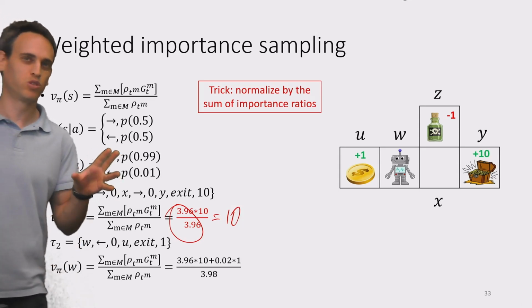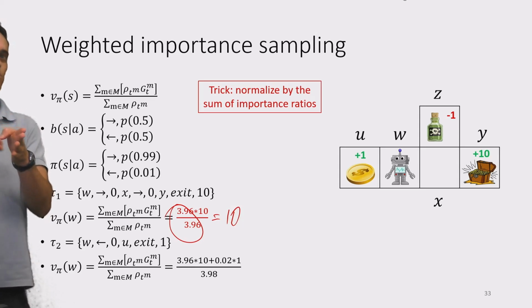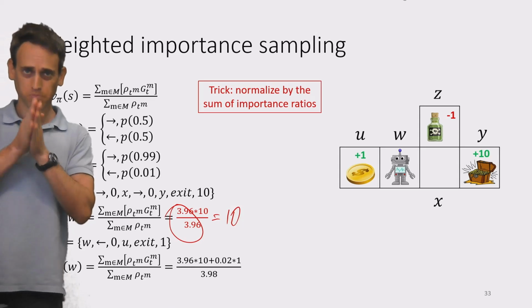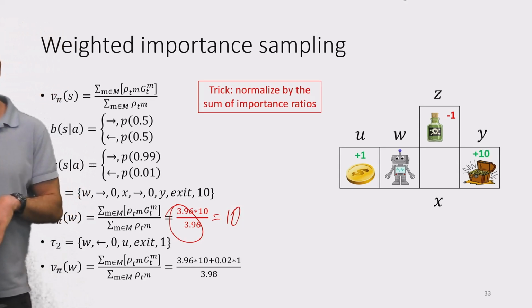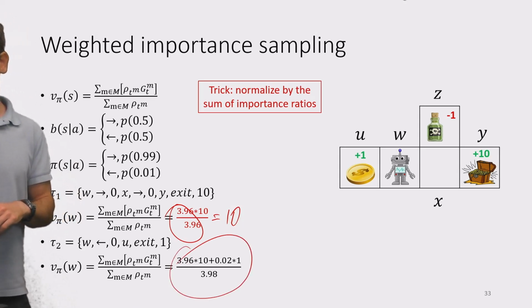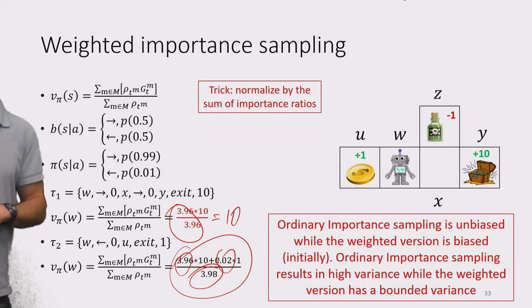By the way, it introduces some bias because it's not the value that we previously proved to be unbiased. So it makes sense that it is biased. It does introduce bias, but it helps a lot with the variance. For the second trajectory, we'll do the same computation, but we'll now divide it by 3.98, which is just a summation of our importance sampling ratios.